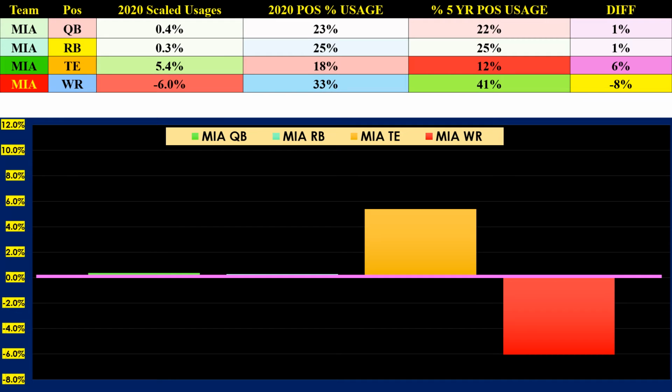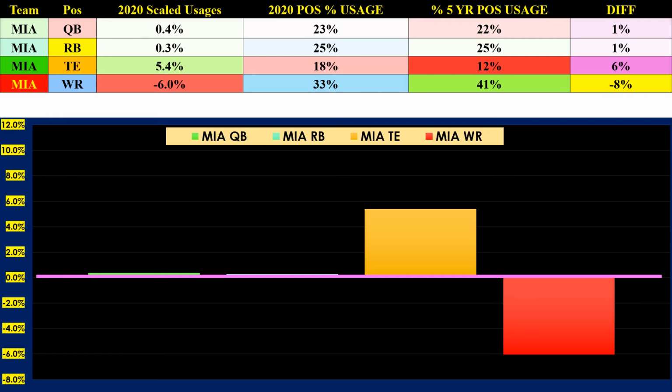I'm definitely bullish on Gesicki and DeVante Parker and all. I'm a little bit concerned here. Well, they got the new rookie phenom in there. Don't know. He may wake up towards the end of the season. Maybe the wide receivers wake up if the tight end is handled.